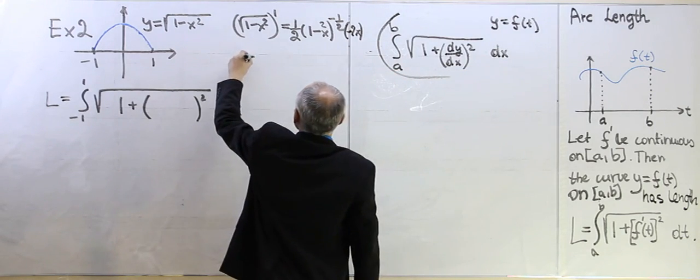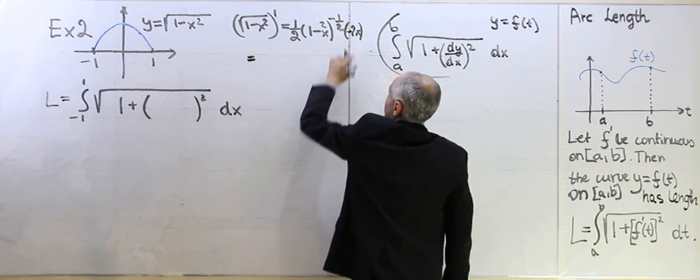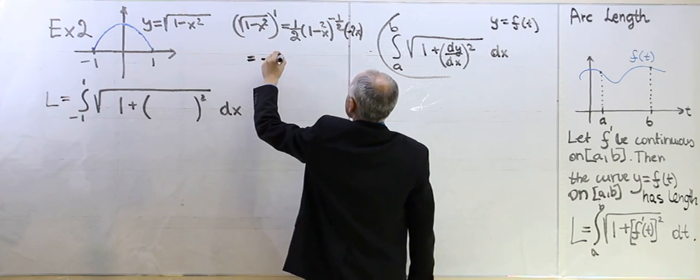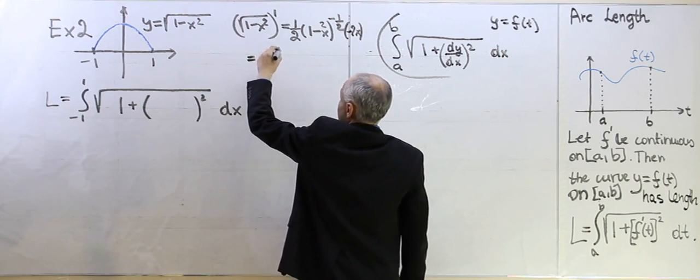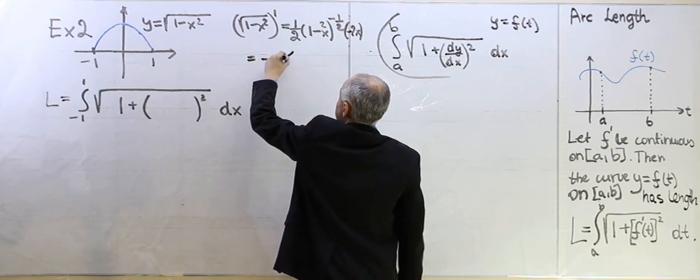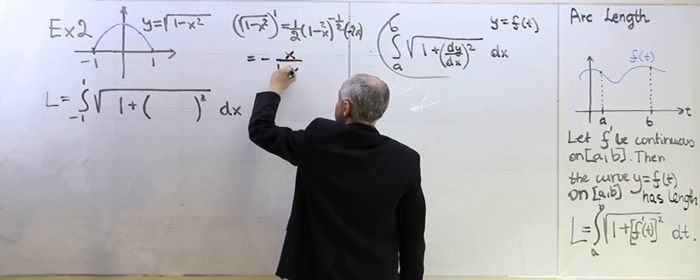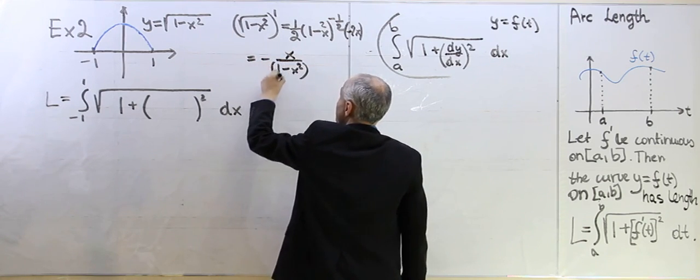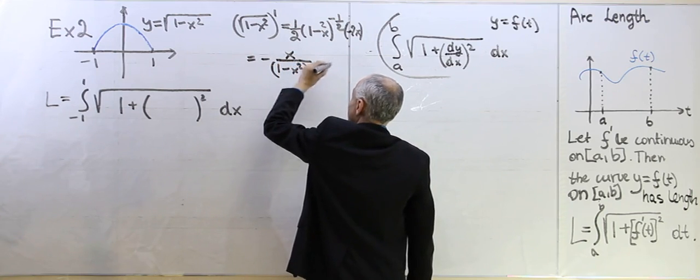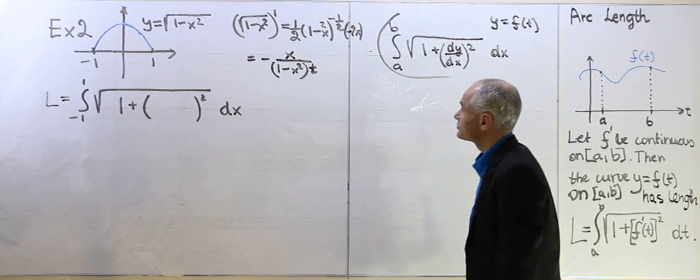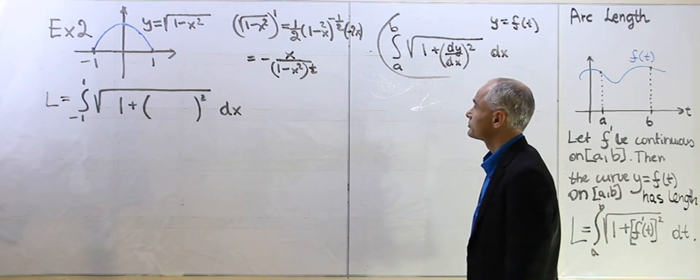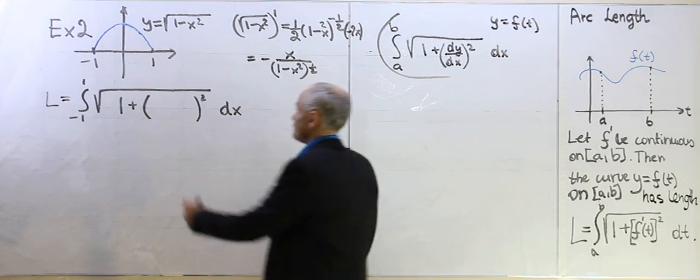So 1/2 and negative 2 gives me a negative sign. So I get negative x divided by 1 minus x squared to the power 1/2. Okay.